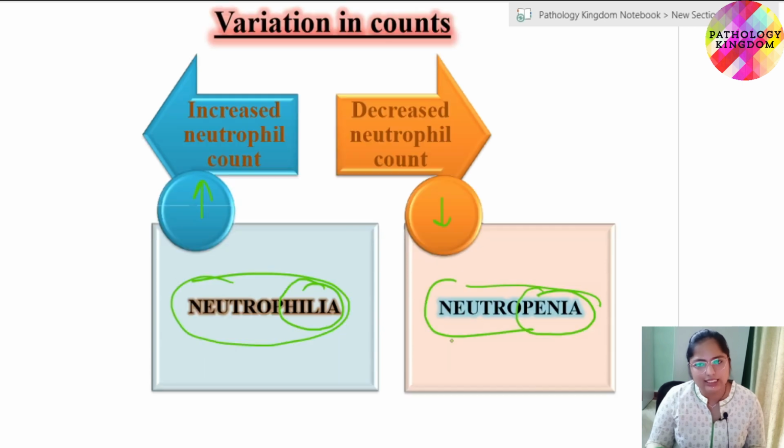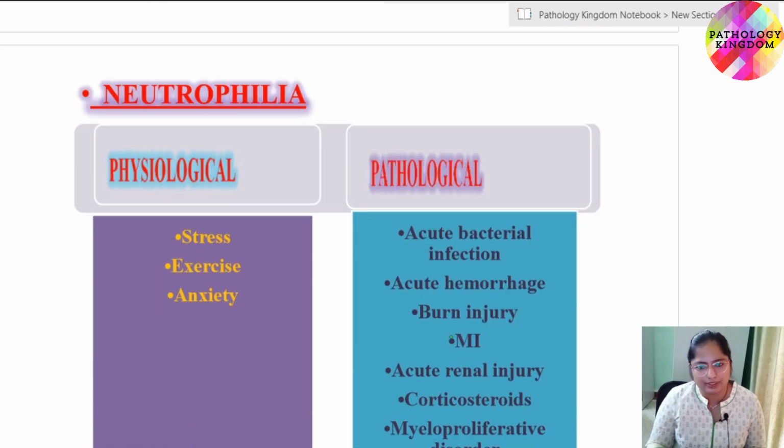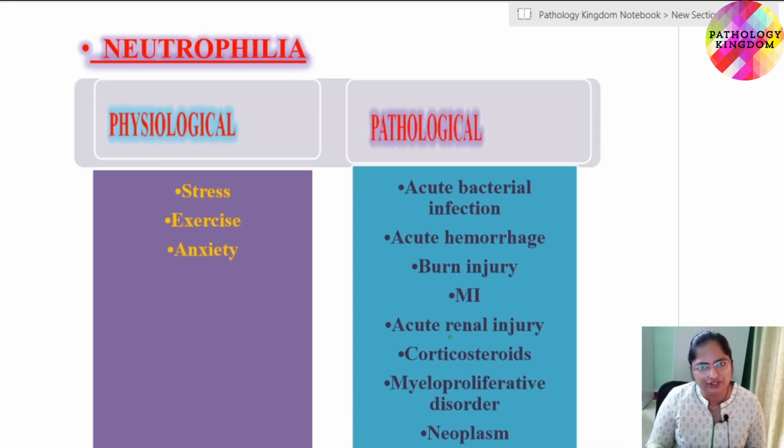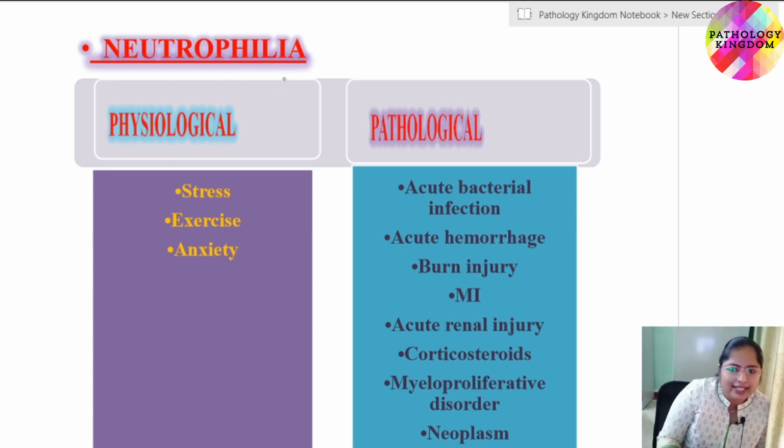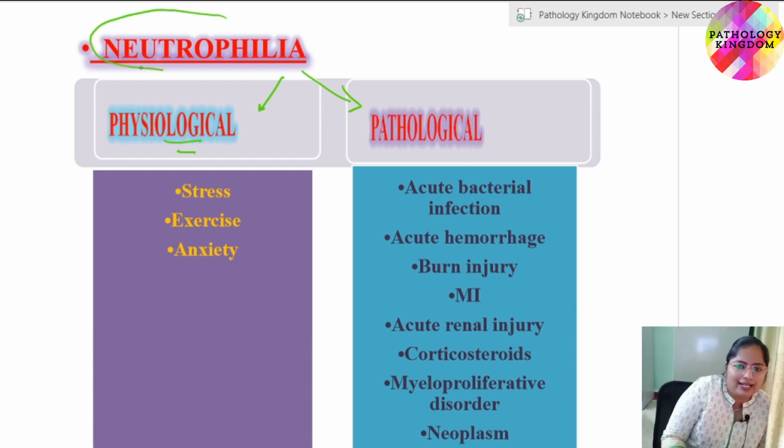Now, what are the conditions or examples associated with neutrophilia? Neutrophilia can be physiological or pathological, disease associated. Physiologically, it is increased during stress, exercise, or anxiety. In pathological conditions, neutrophilia is a sign of acute infection.